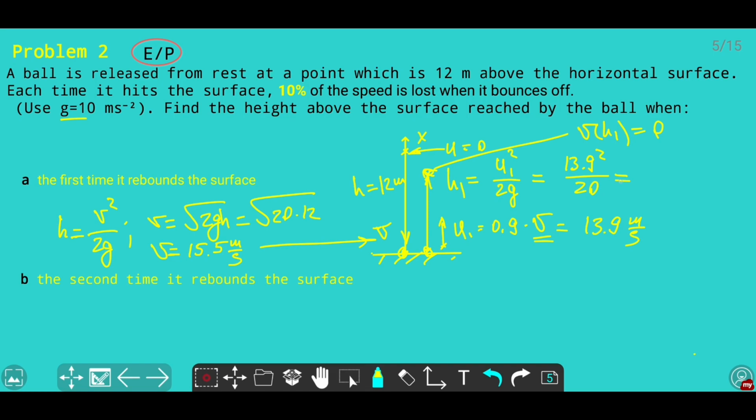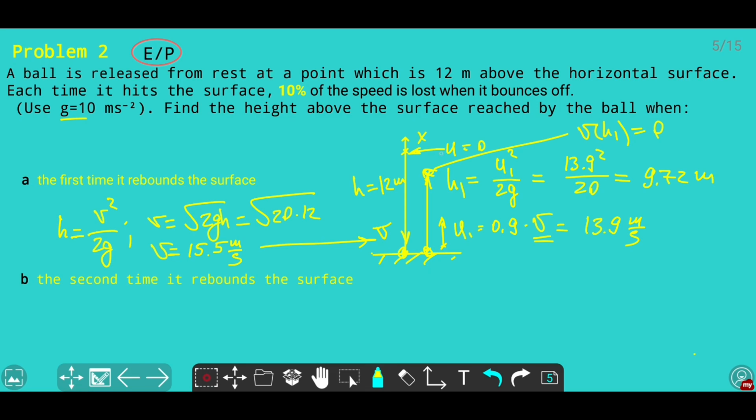So I've got 9.72 meters. If you say a 10% decrease in speed, it's not basically a 10% decrease in height. So it means you can't just subtract 1.2 as 10%. It wouldn't be correct, right?